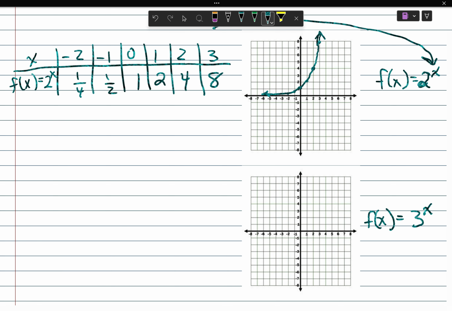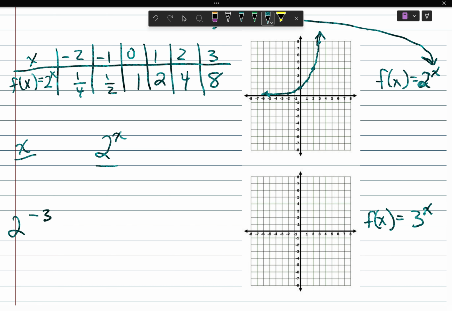So you see as x increases, 2 to the x increases, right? 2 to the fourth is 16. If we were to use 5, 2 to the fifth is 32, 2 to the sixth power is 64, and so on. As x decreases, the powers of 2 are getting closer and closer to 0, but always remain positive. If you were to do 2 to the negative third power, you would get 1 over 8.